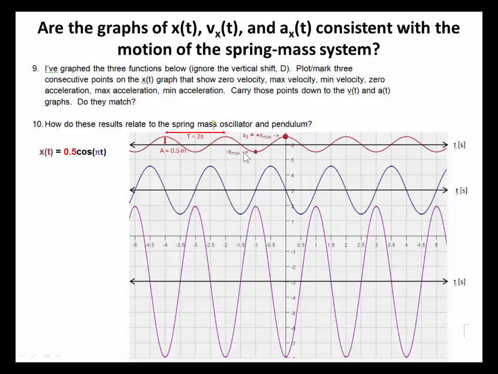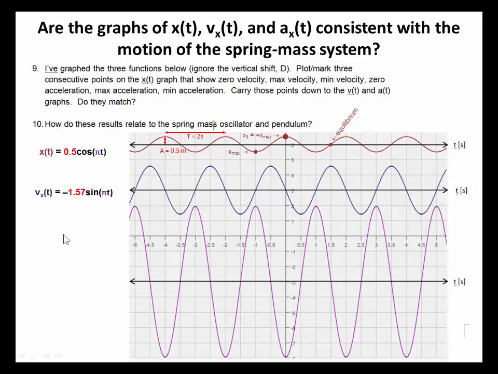There's our leftmost point on our motion back and forth along our axis, and that's our negative x max. And here's an equilibrium point we're passing through. So let's go ahead and take a look down below at our other functions here and see how these points correlate to our other functions.